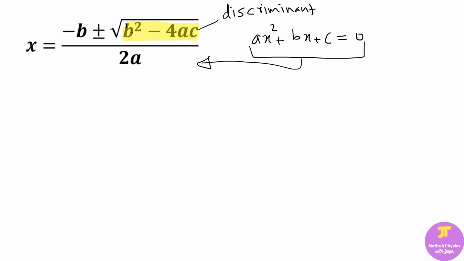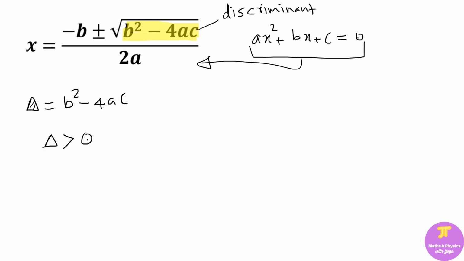We also use a notation to denote this discriminant. We use delta. Delta is equal to b squared minus 4ac. If we are able to calculate the delta or the discriminant, then we can use that information to determine how many roots are available for the given quadratic equation.